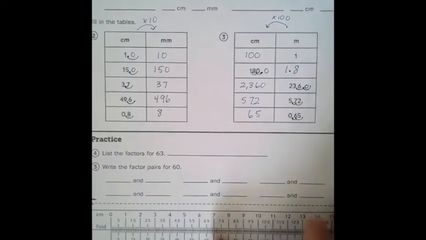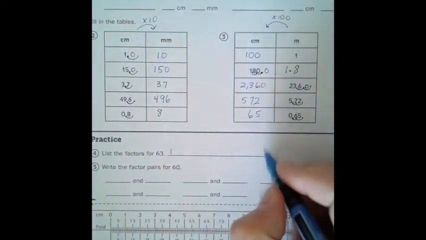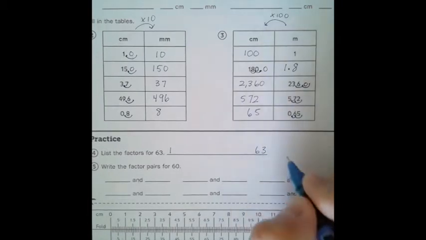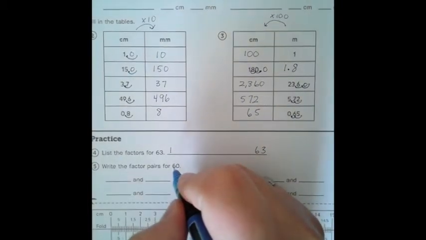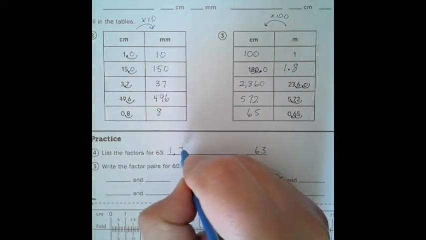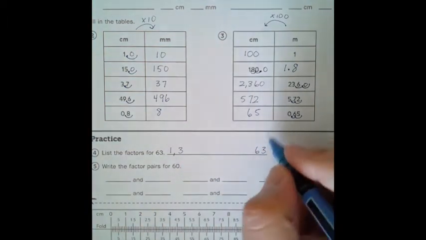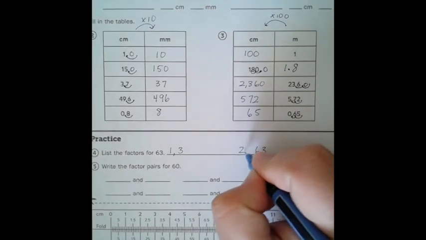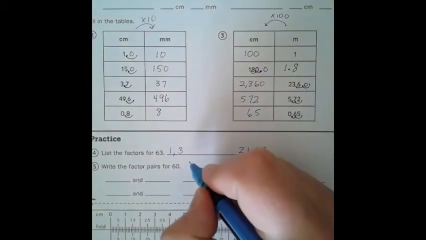Okay, let's go down to our practice, and now we're listing the factors for 63. We start with 1 and 63. Does 2 go into 63? The answer is no. Does 3 go into 63? Yes, 3 times 21. Does 4 go into 63?